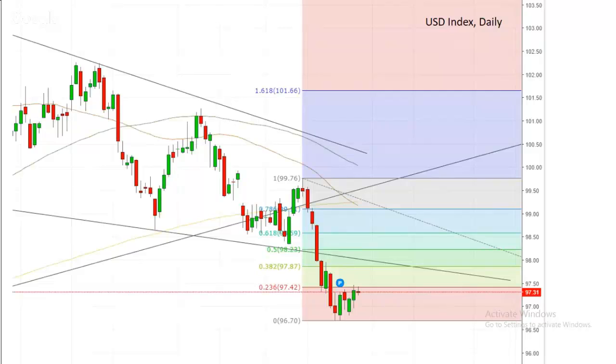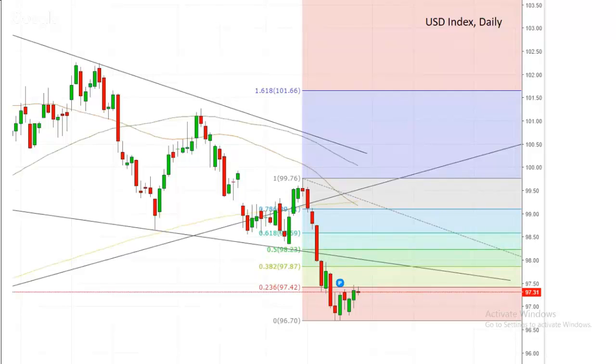So in the absence for now of strong Federal Reserve drivers, I don't think that this week we'll get a lot of bullishness for the US dollar.